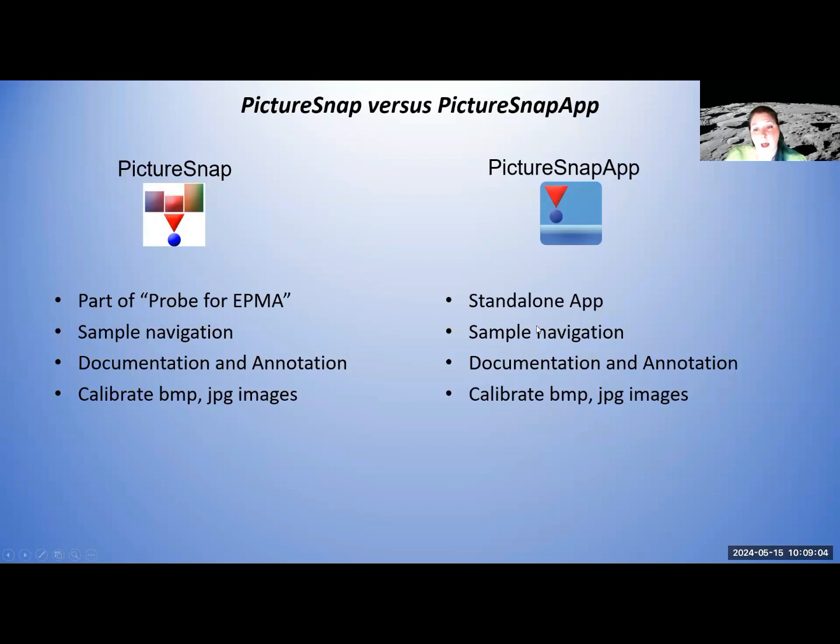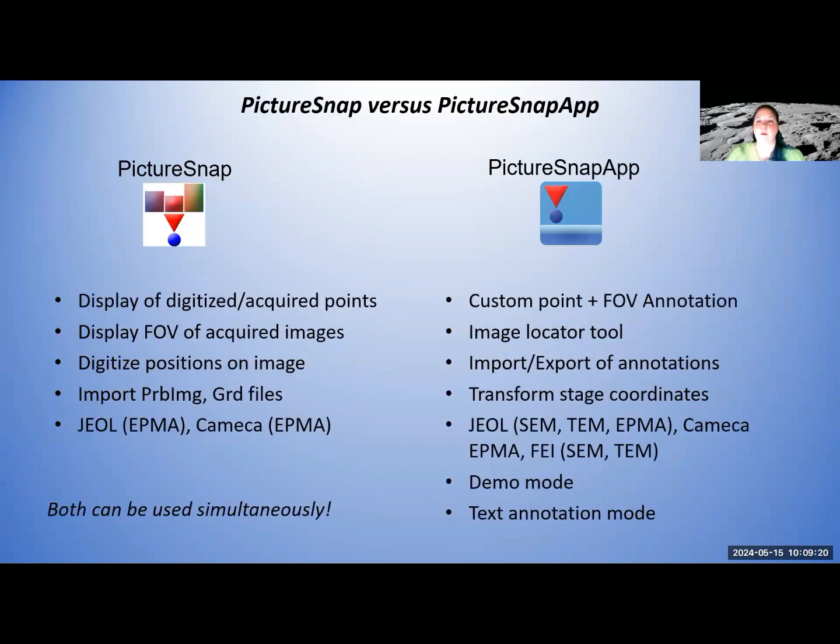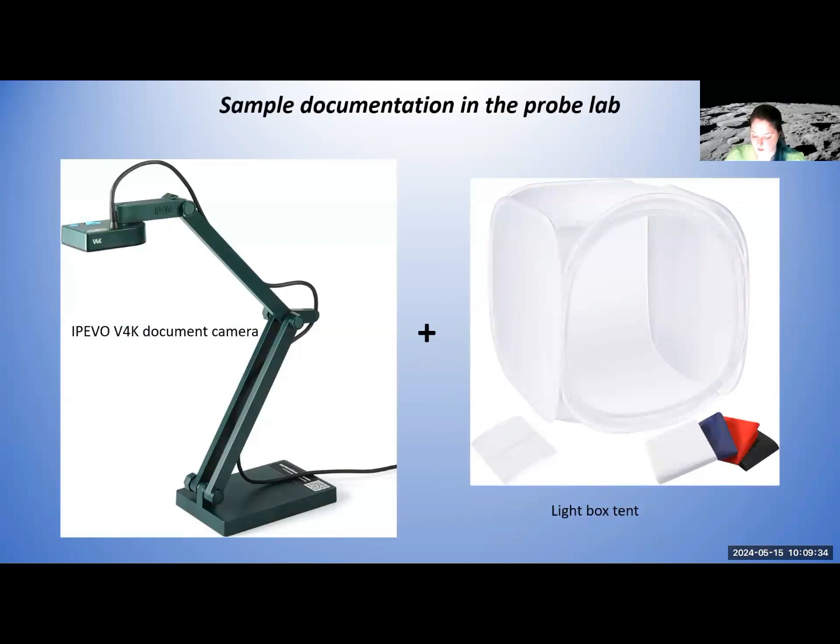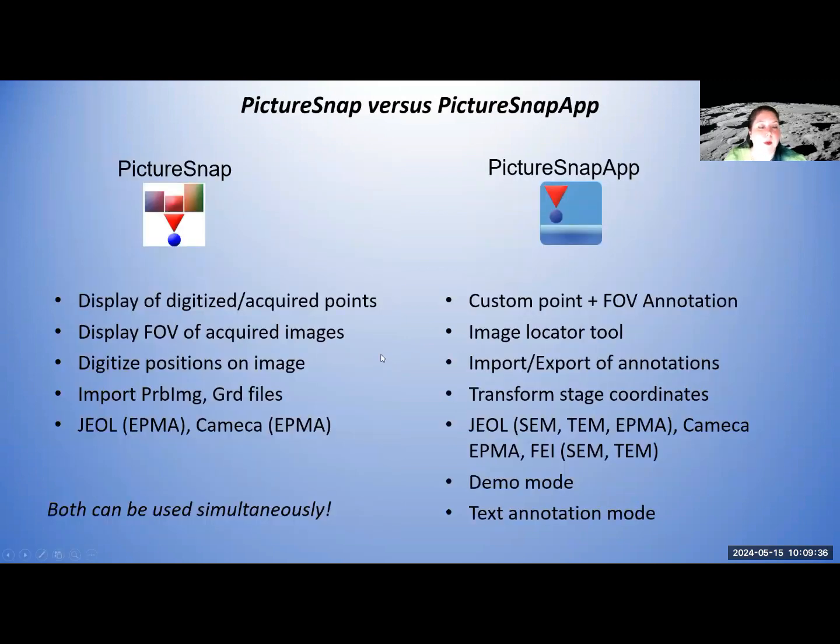Similar to PictureSnap, PictureSnapApp also has the basic sample navigation, documentation, and annotation, and calibrate and JPEG image functionalities, but then there are a couple of differences between them. Part of it is due to the fact that one is a standalone one and the other one is directly tied to whatever project you have open in Probe for EPMA.